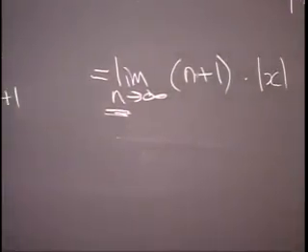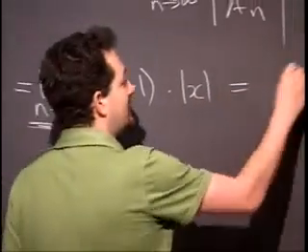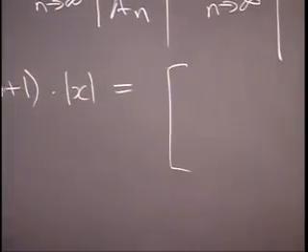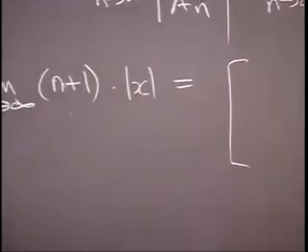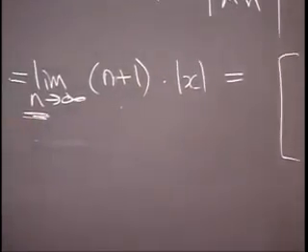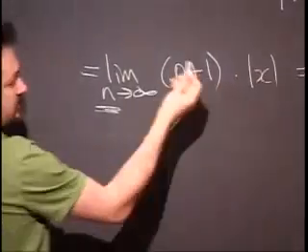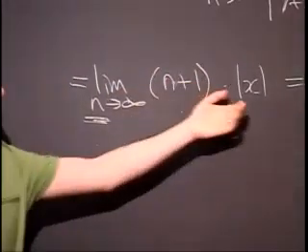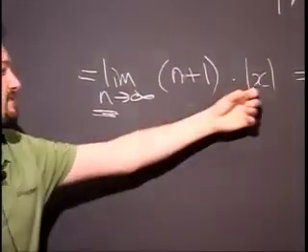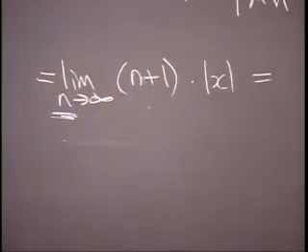Well, there's two cases. If x is not 0, then this is some positive number, and then you multiply it by n plus 1, and it's going to get larger and larger. For example, if x is 2, this is just 2 times n plus 1, and of course, as n goes to infinity, so does n plus 1, so does 2 times n plus 1. And it doesn't matter if it's 2 or 3, any constant.